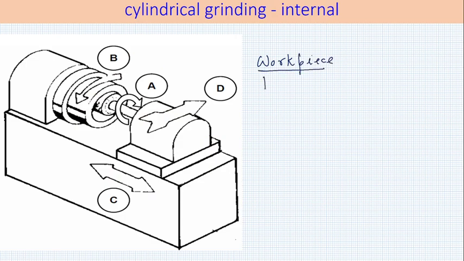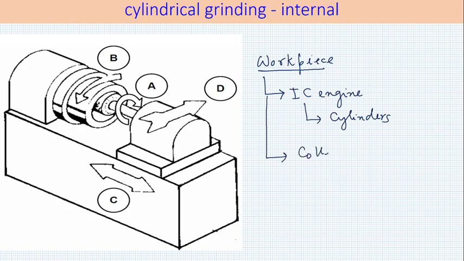Yesterday I have given you two examples, IC engine cylinders, and one other one is collet. I have no bias towards Maruti, but I do drive a car which is WagonR.